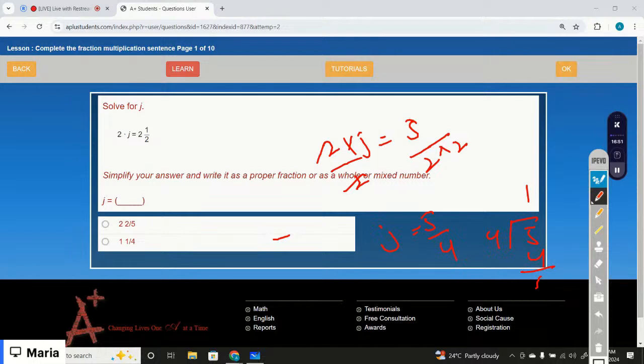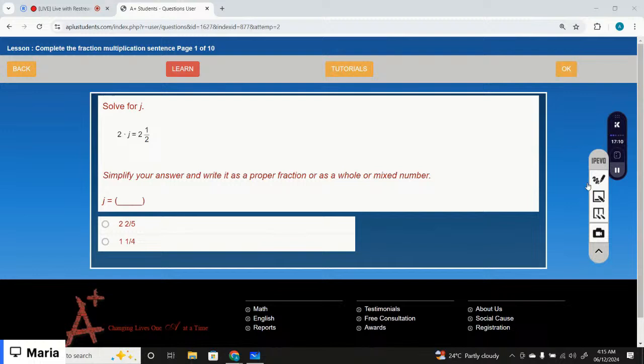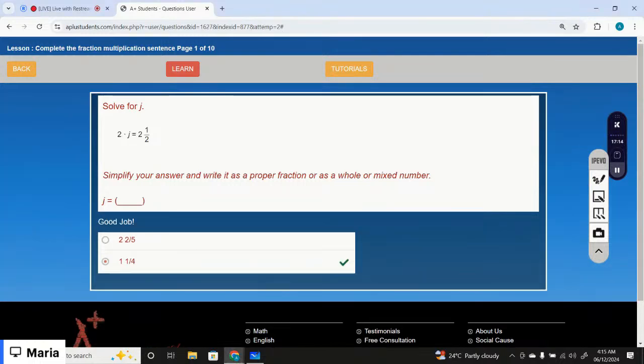Option number 2 is the correct option, 1 whole 1 over 4.